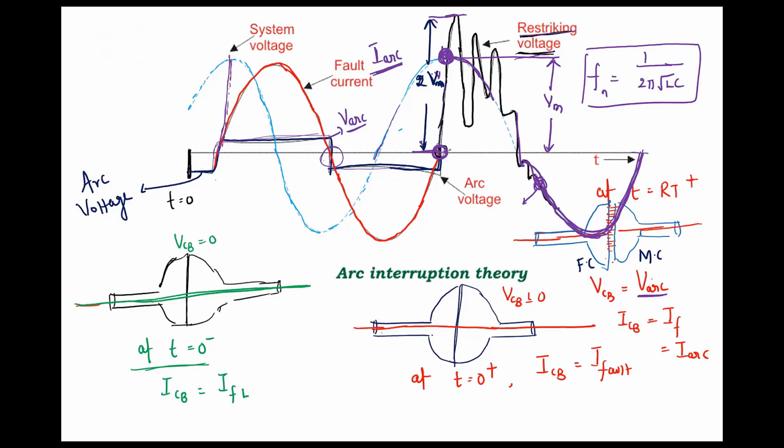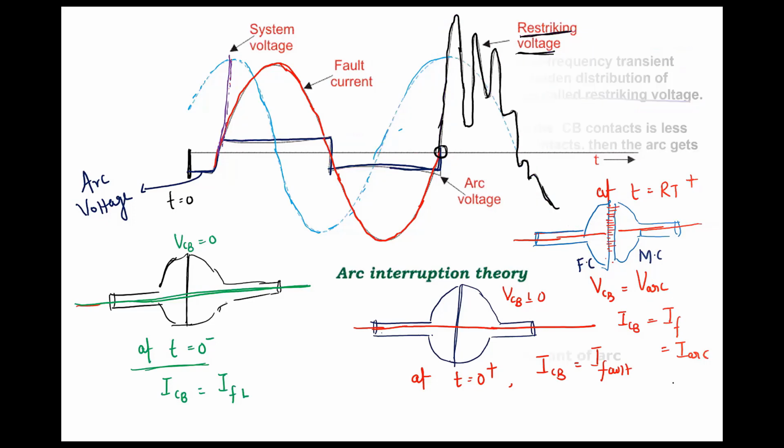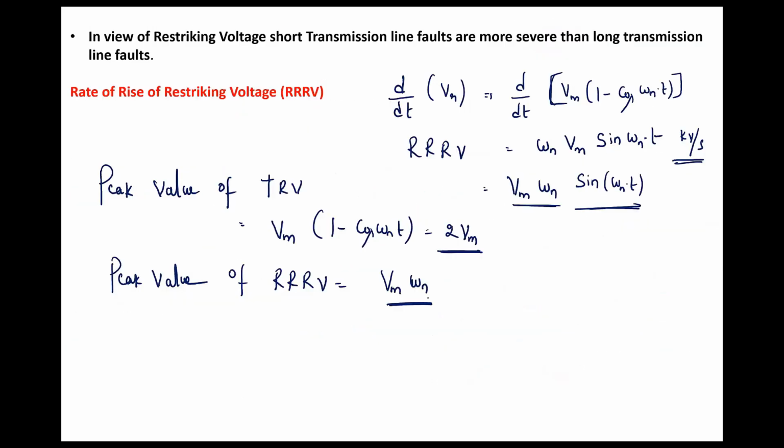You cannot have the transient recovery voltage amplitude more than this 2 Vm. Okay. The second point is, what is the peak value of rate of rise of restriking voltage? Vm into omega n. Vm into omega n. Understand?